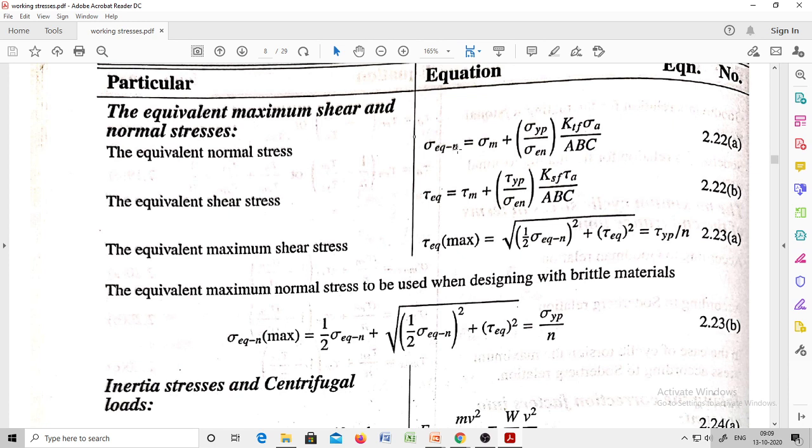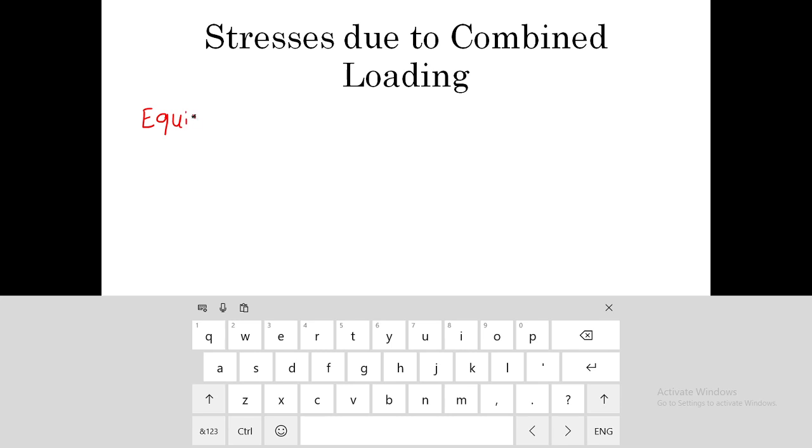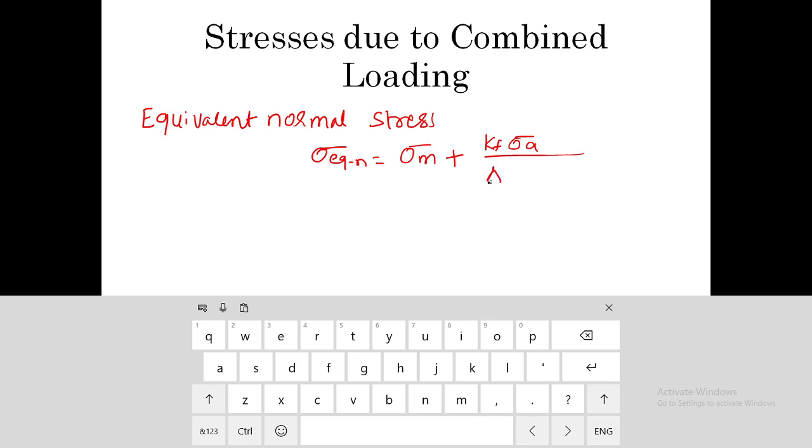You already noted, let us go for the equivalent normal stress there. How did you get the equivalent normal stress? So what they have written is the equation: sigma eq equal to sigma m plus Kf into sigma a divided by a b c into sigma en.